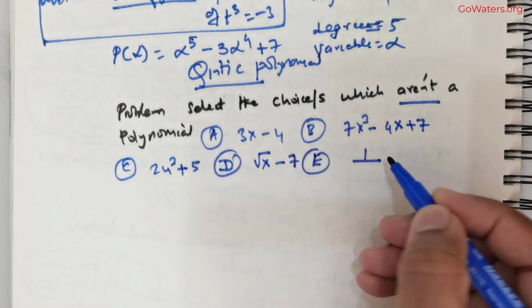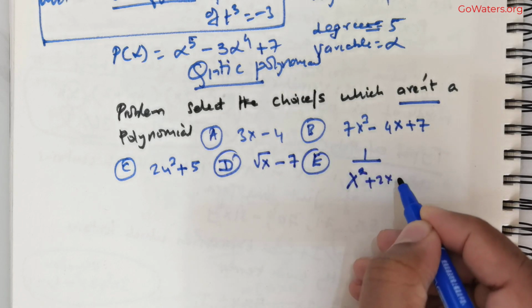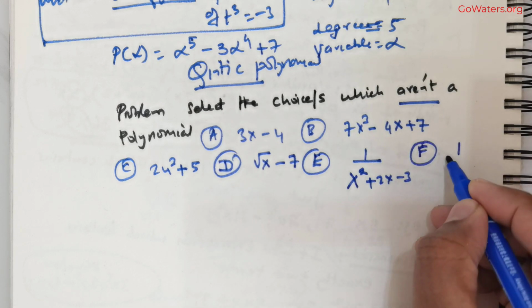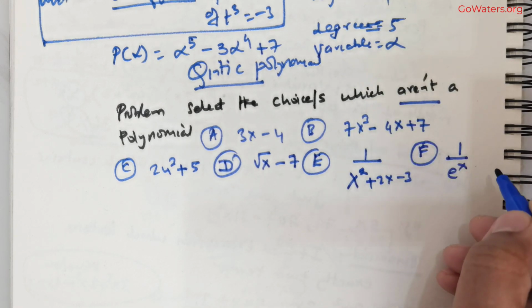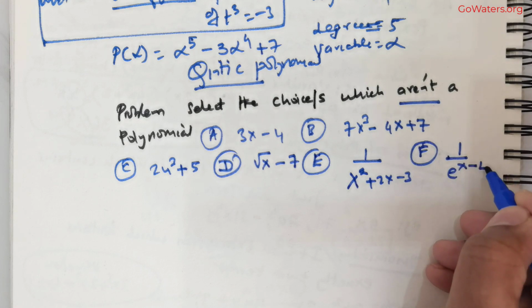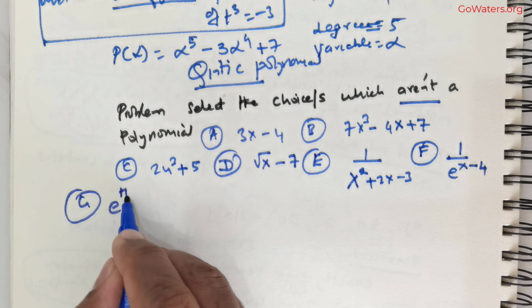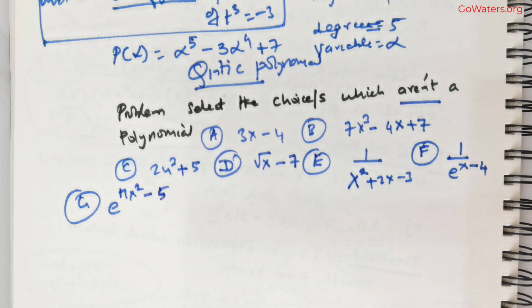Choice E, 1 over x squared positive 2x negative 3. Choice F, 1 over e raised to the power of x positive 4. G, e raised to the power of pi times x squared negative 5. I can give you probably 10 seconds.